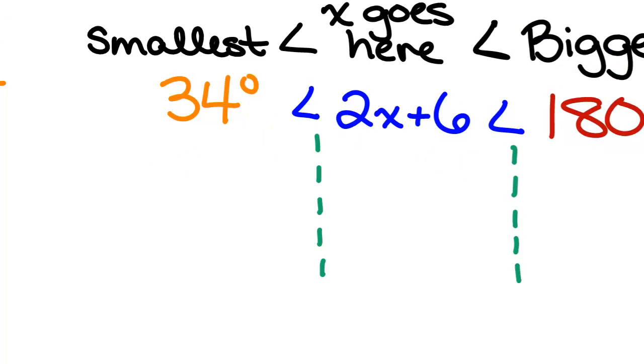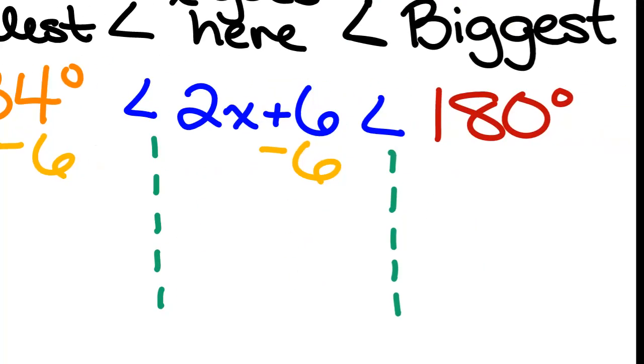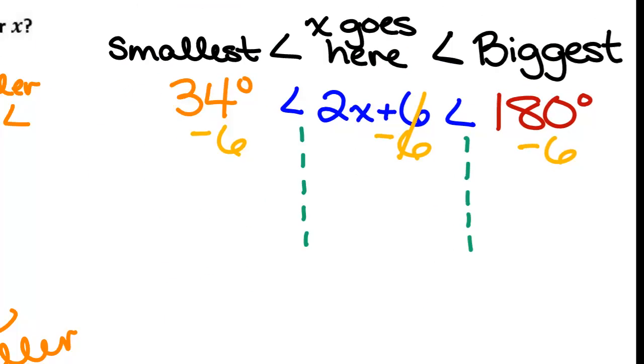All right, drawing my fences. We want to get X all by itself, so I'm looking in the middle here. What would I need to do in the center here to get X all by itself? Subtract 6 from both sides, or from all sides rather. Minus 6, minus 6, cross the 6 out in the center.